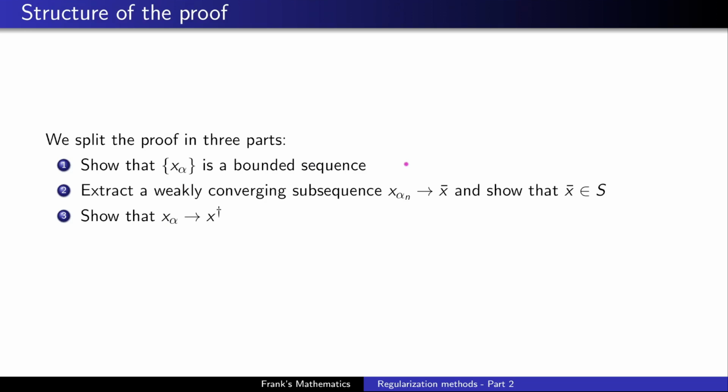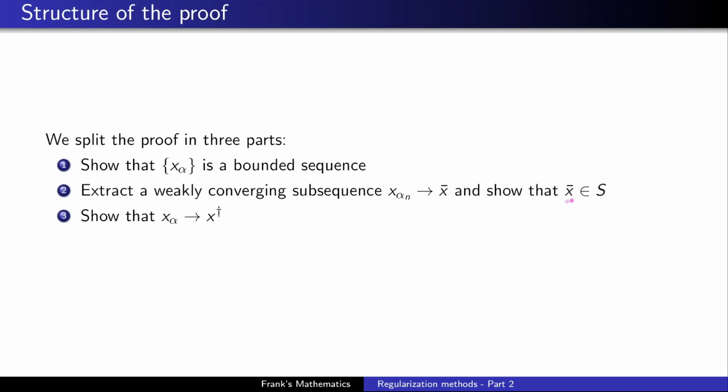If we have a bounded sequence, we can, in a finite dimensional setting, extract a strongly converging subsequence. However, since we are living in infinite dimensional spaces, we can only extract a weakly converging subsequence. But we can show, this is part number 2, that this extracted weakly converging subsequence is actually a minimizer, right?